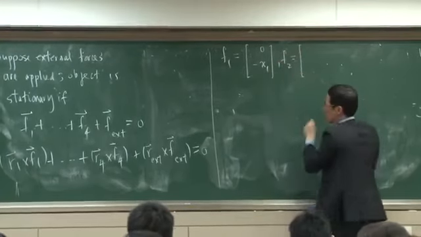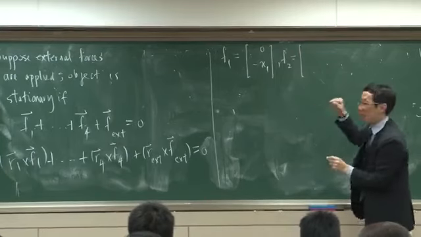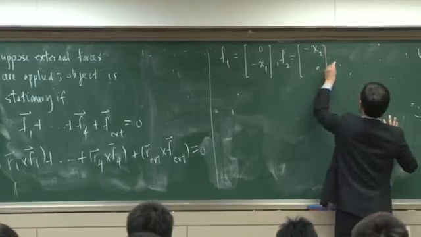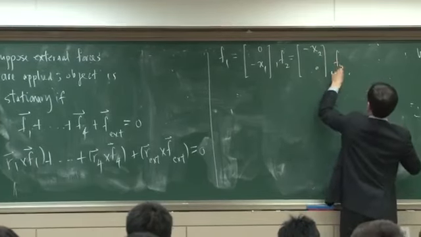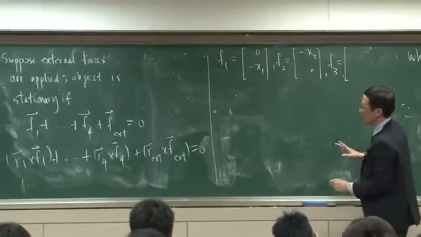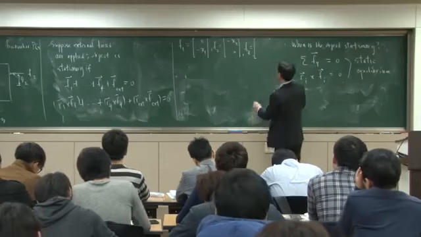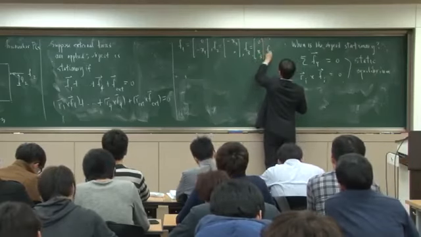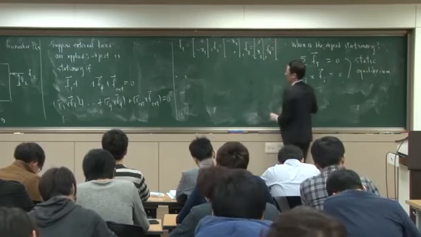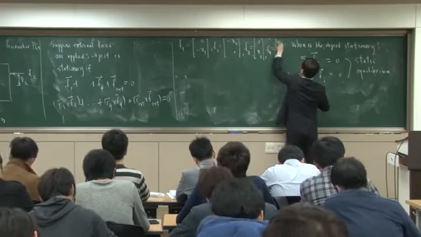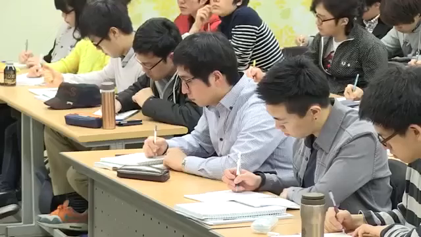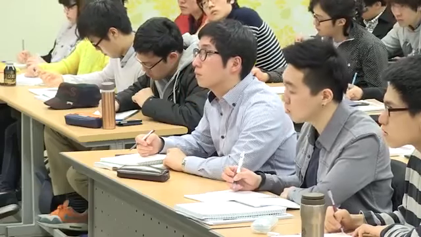F2 is in the minus x direction, so it's minus x2, 0. F3 is in the plus y direction, so it's 0, x3. And finally, F4 is in the plus x direction, so it's x4, 0. So that's what the components of the forces look like.